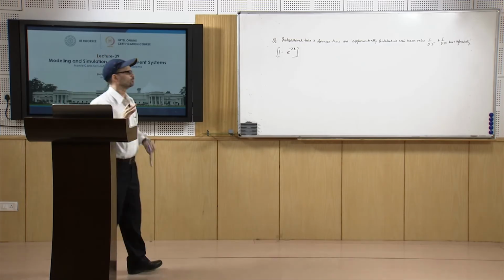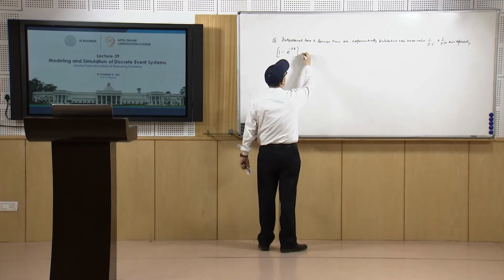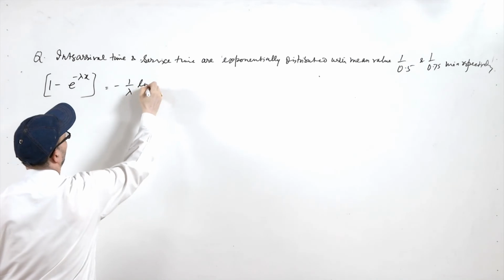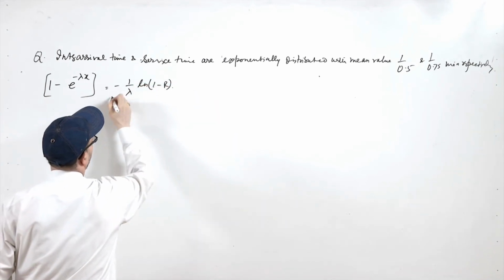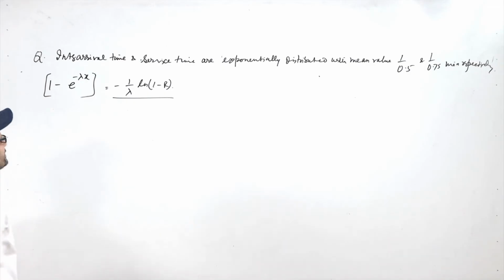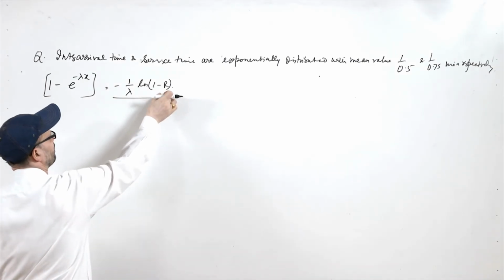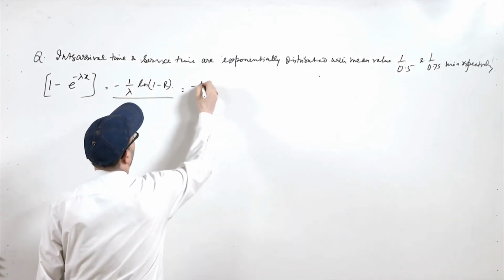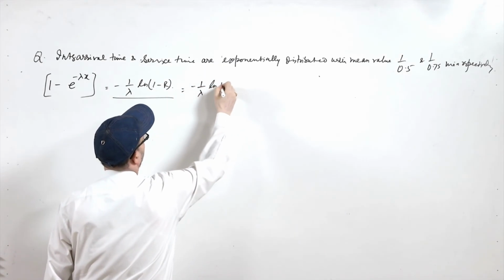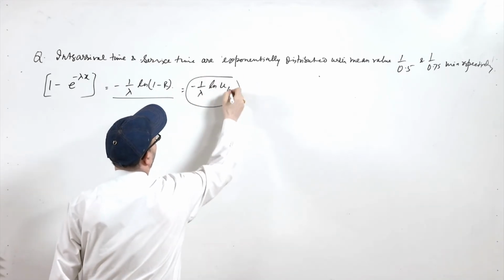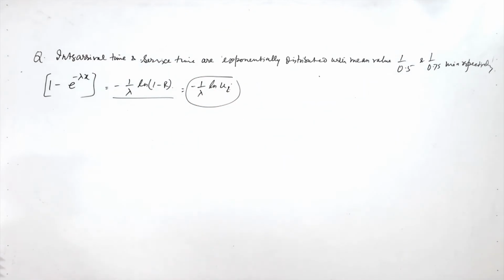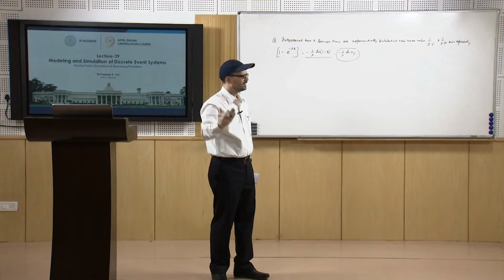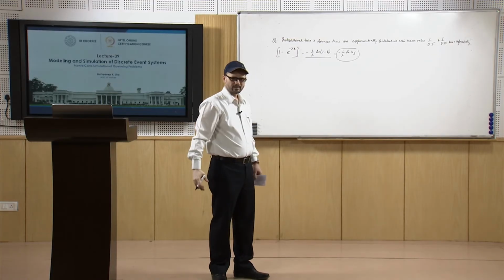So, what we calculated was minus 1 by lambda ln of 1 minus r. If we take 1 minus r as one random number u, then we can write minus 1 by lambda ln u i for any particular one, and this random number is known to us once it is taken from the uniformly distributed numbers.